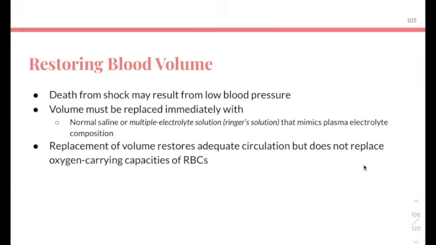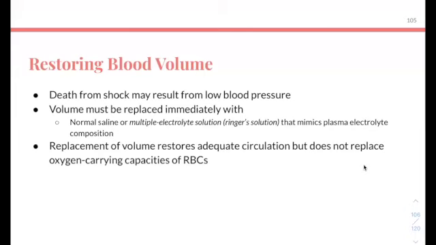If you don't have enough blood to pump around, your blood pressure is not as strong, and it lowers your blood pressure down because there's not as much blood circulating in the system. So to prevent death from shock, volume has to be replaced.